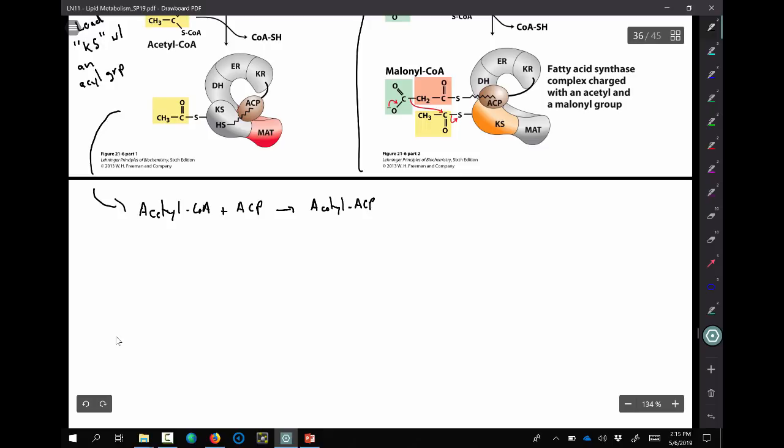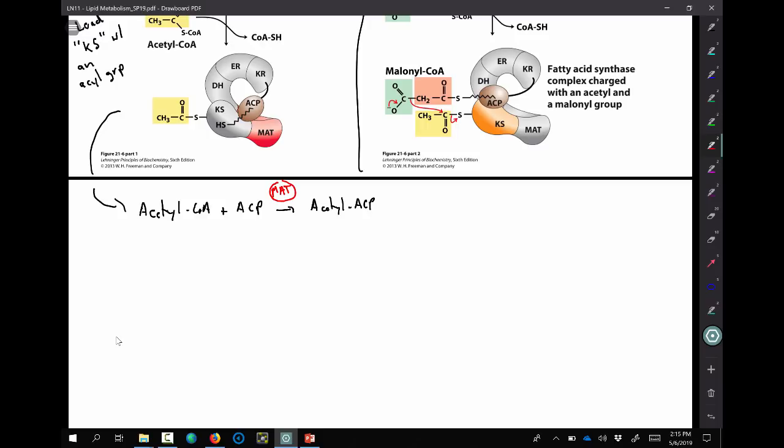Meaning the acetyl-CoA is going to be attached to that acyl carrier protein. That's the first thing that has to happen. If you're really curious about this, MAT is the domain that carries out that process.